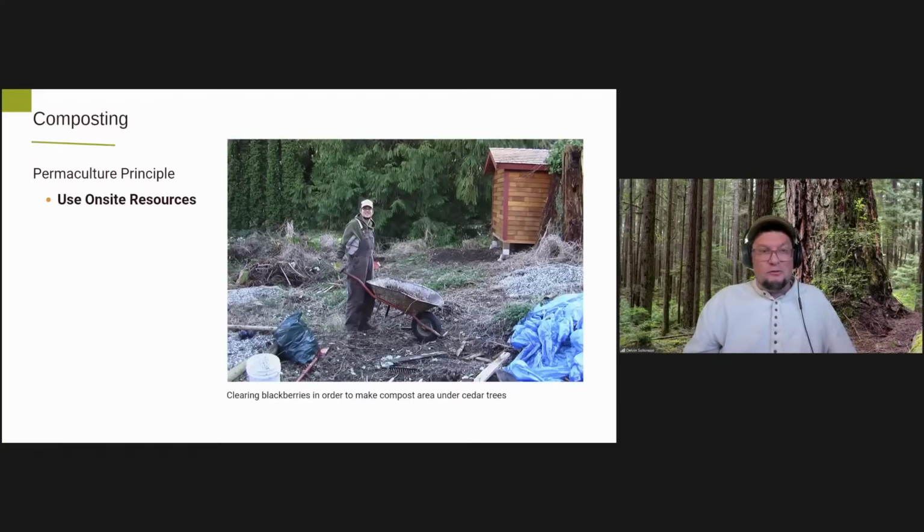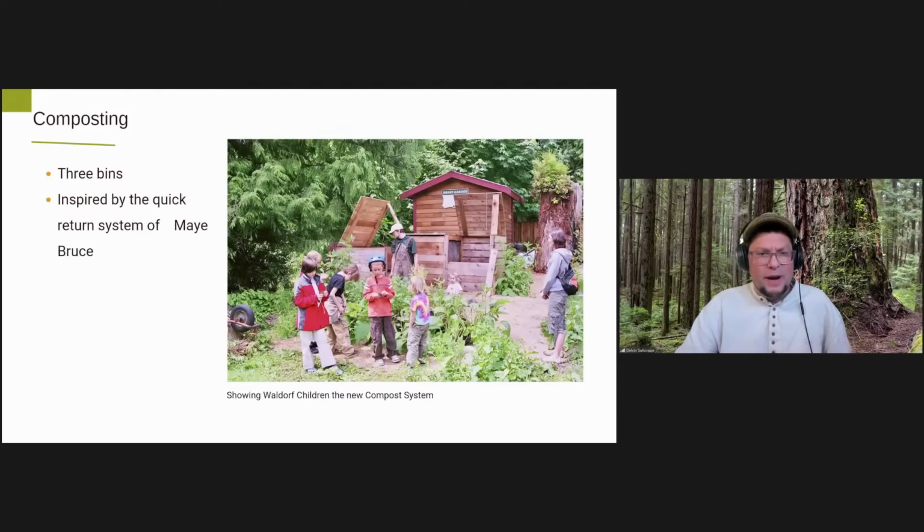Permaculture focuses on radical relocalization. And like nature, it is guided by the permaculture principle, use on-site resources. So my compost system was inspired by the quick return system from Maye Bruce, a key historic figure in the UK Soil Association. It's got 3 bins.